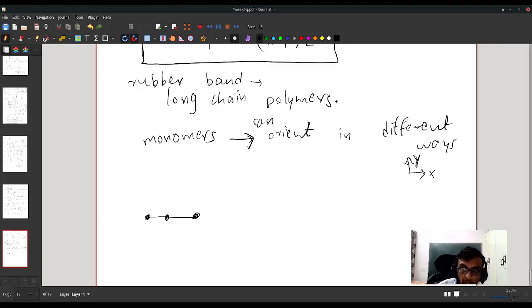Yeah, this is a very simplified model, which nonetheless captures some features of the rubber band. So these monomers can orient either in x direction or y direction. So they can take turns, they can be turns like this, and so on.